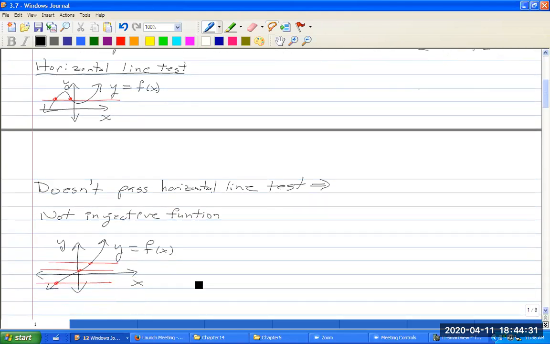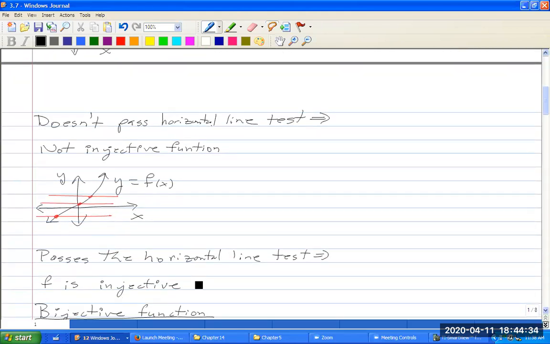If instead we have the graph of a function relative to some coordinate system, so it passes the vertical line test, and every horizontal line intersects this curve in at most one location, then we say that it passes the horizontal line test. If the graph of a function passes the horizontal line test, then this function is injective. It is one-to-one.